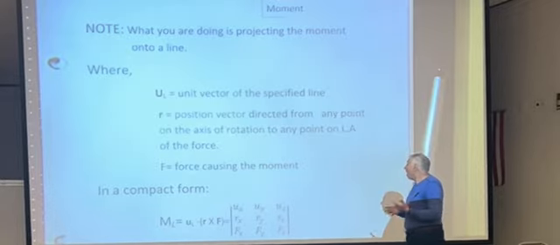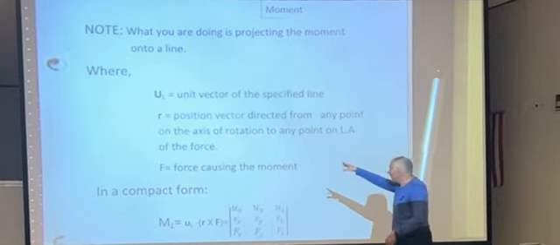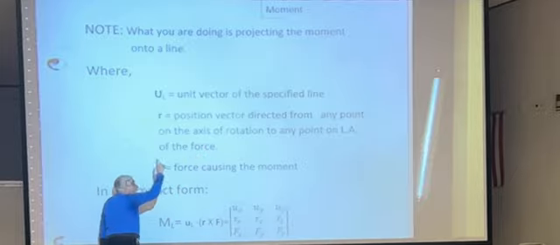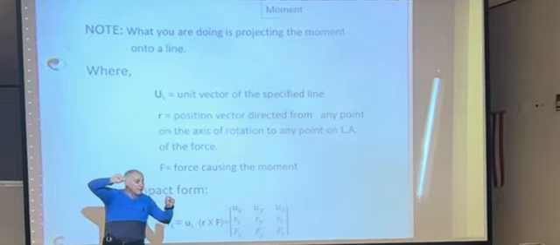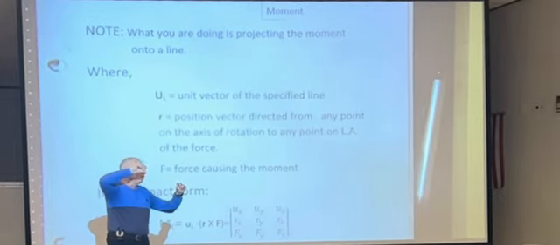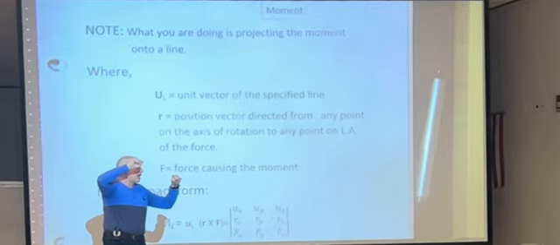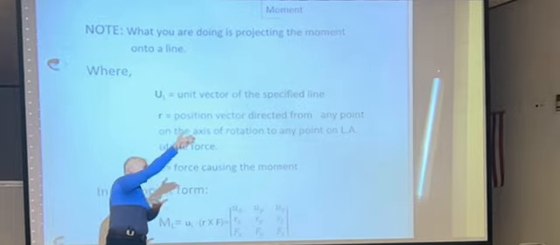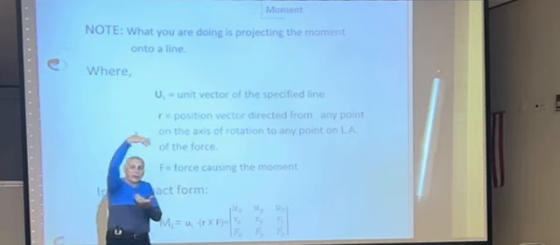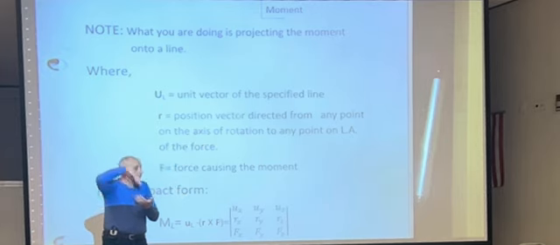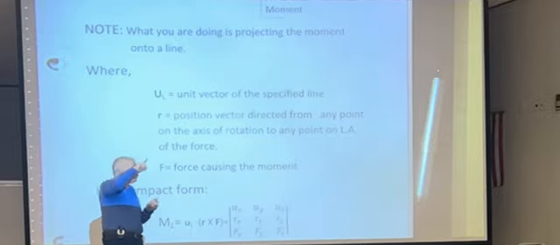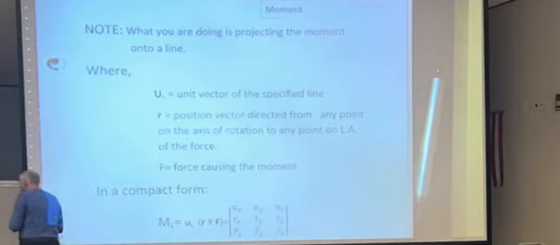What is the R? Notice the definition of the R. Position vector directed from any point on the axis, OB in our case, to any point on the line of action of the force. So you're going from the axis to the force. Everybody heard that? From the axis that you're trying to project onto, which in our problem here is going to be OB, to the line of action of the force.